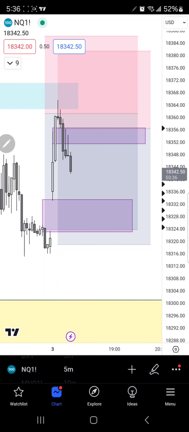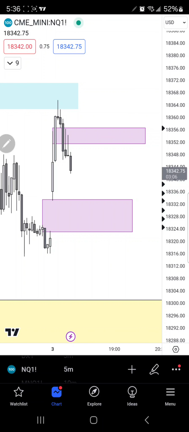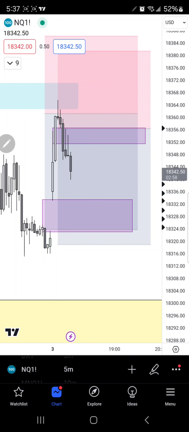I'm just waiting for price to come into my TP, which is the box on the bottom right there. When price comes into that zone, because this is what I call trading the gap, I'm basically trading the close of that gap. And here's what I've learned: price doesn't always do that exactly as I expect.